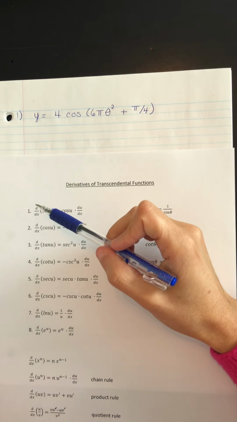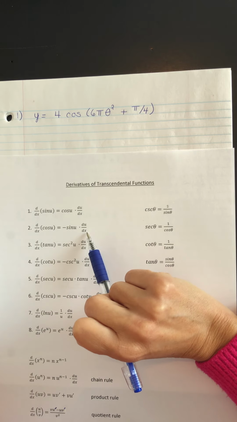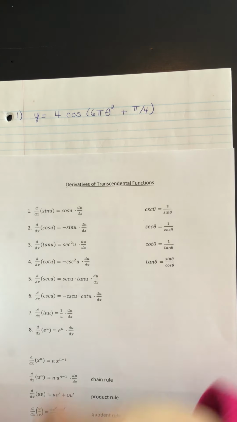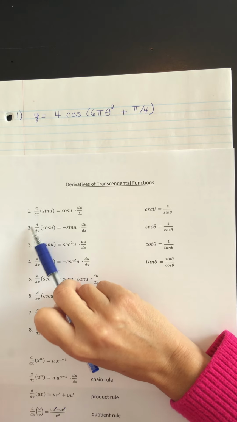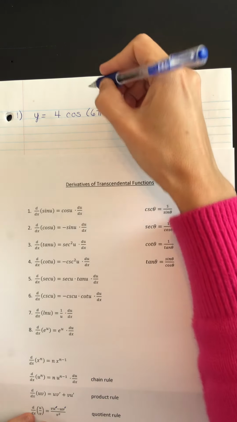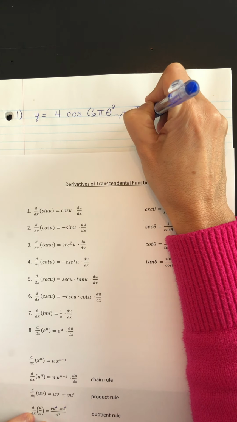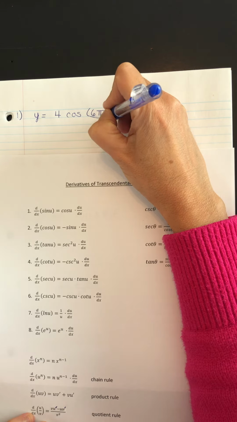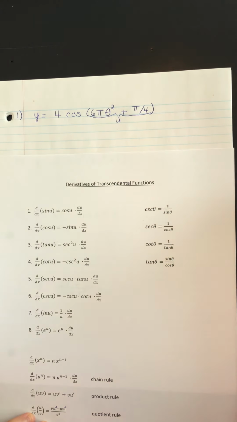Unlike our rule sheet, which has an independent variable equal to x, in this first example, our independent variable is theta. So we're going to be using the second rule, the derivative of cos u. And it's important to note that this whole argument is our little u.